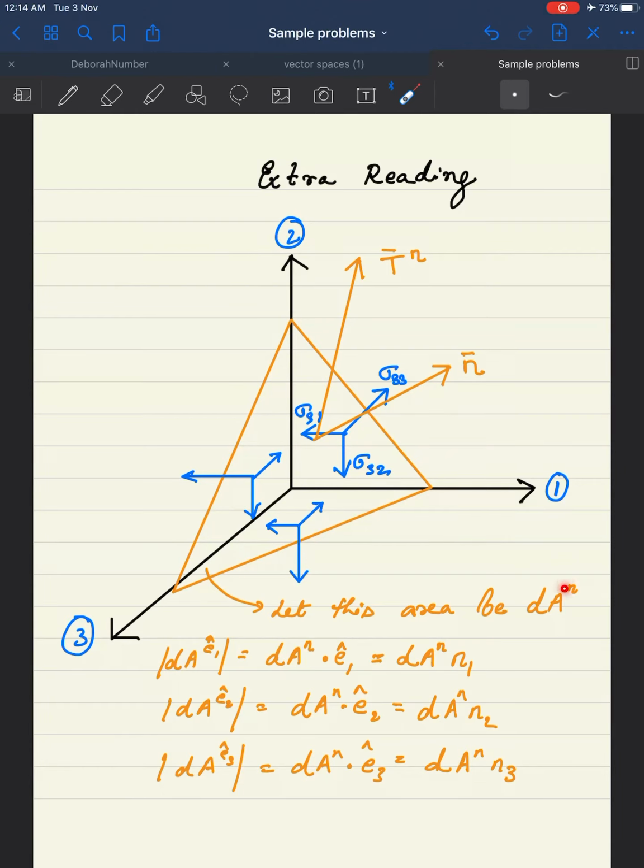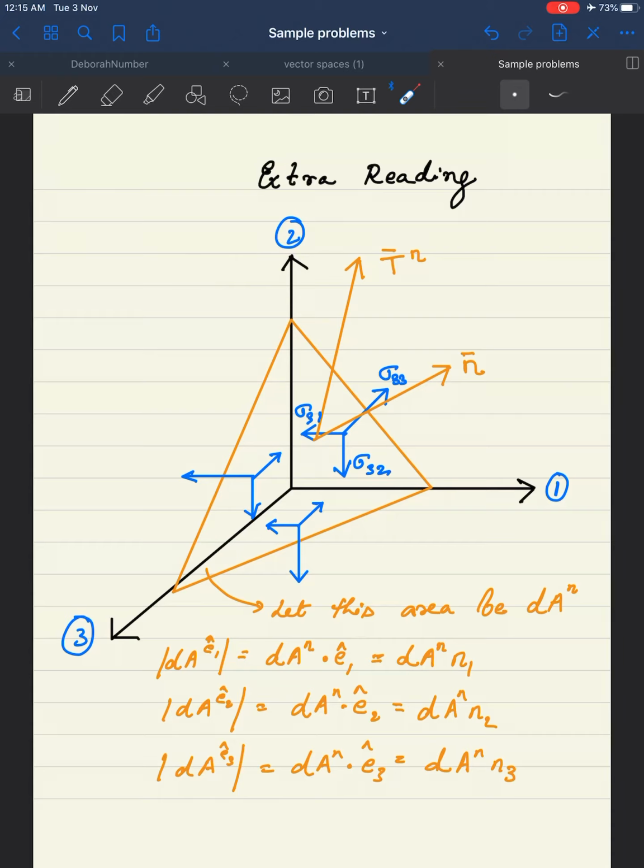Okay, so the superscript n is just to make sure that we understand which area we are talking about, because there can be so many areas, and this drawing is just two dimensional, so it's easy to confuse. So the question is, what are the areas of these other faces? Well, this is dA E1 hat, dA E2 hat, and so these are all the areas of the triangles that are aligned with the axes.